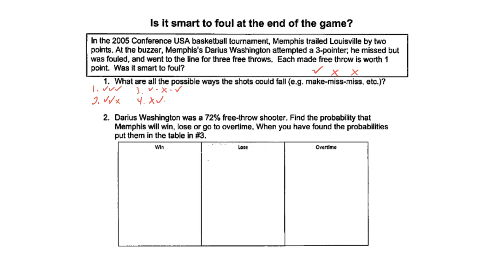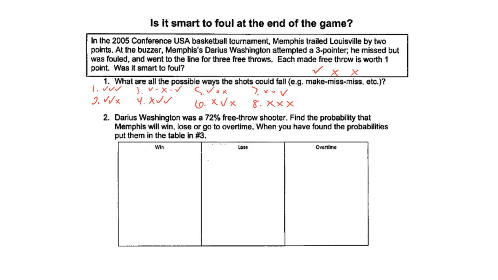He could also miss the first one and make the last 2. He also could make 1 shot and then miss the others. So he could make his first shot, miss the next 2. He could miss his first shot, make his second shot, miss his third shot. He could miss the first 2 and then make the third one. Or he could end up missing all of them. So these are all of my possible combinations that could have happened here at the end of the game.